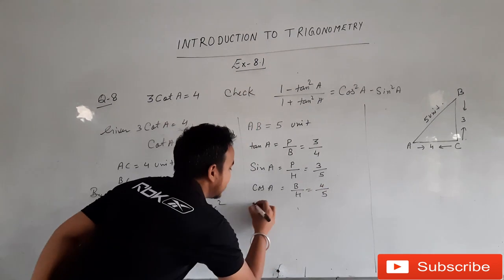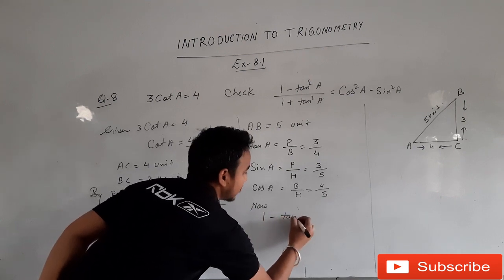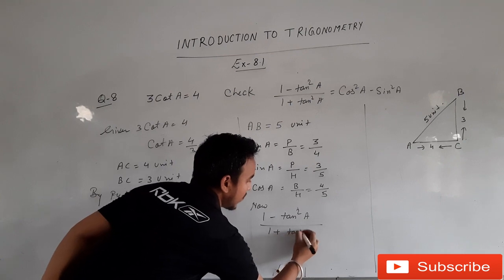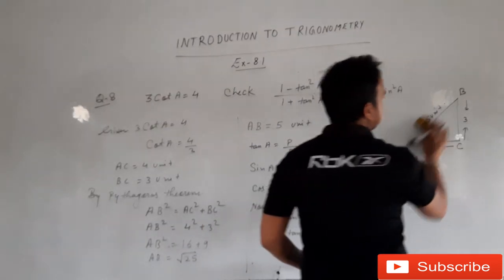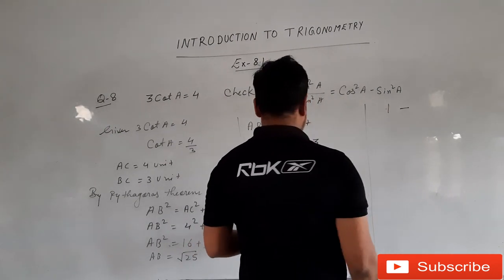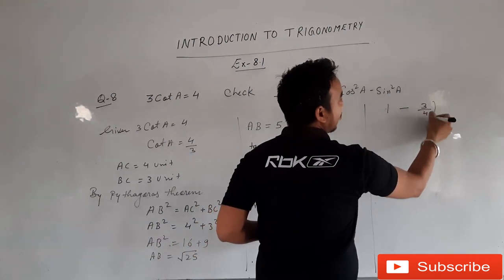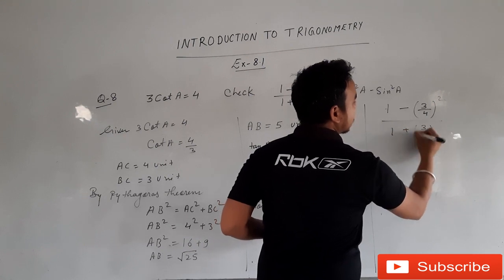Now taking the left hand side, it is 1 minus tan square A upon 1 plus tan square A. Putting the value, tan A is 3 by 4, it will be 1 minus 3 by 4 whole square upon 1 plus 3 by 4 whole square.